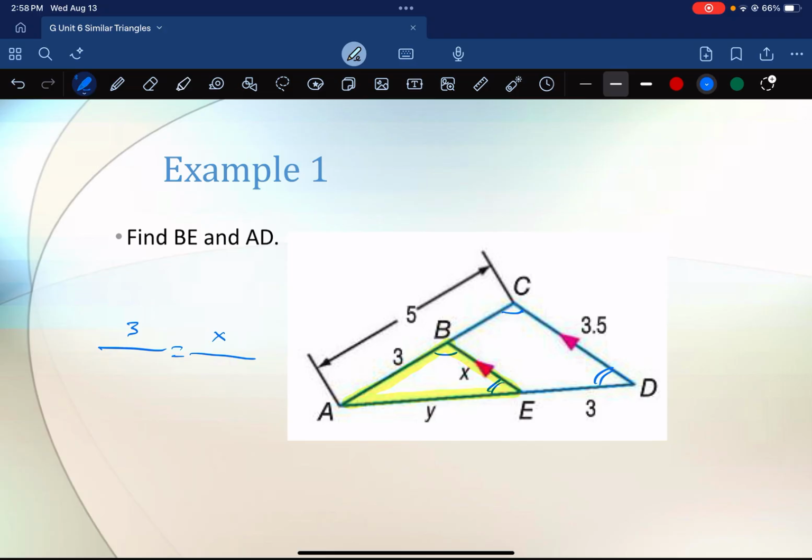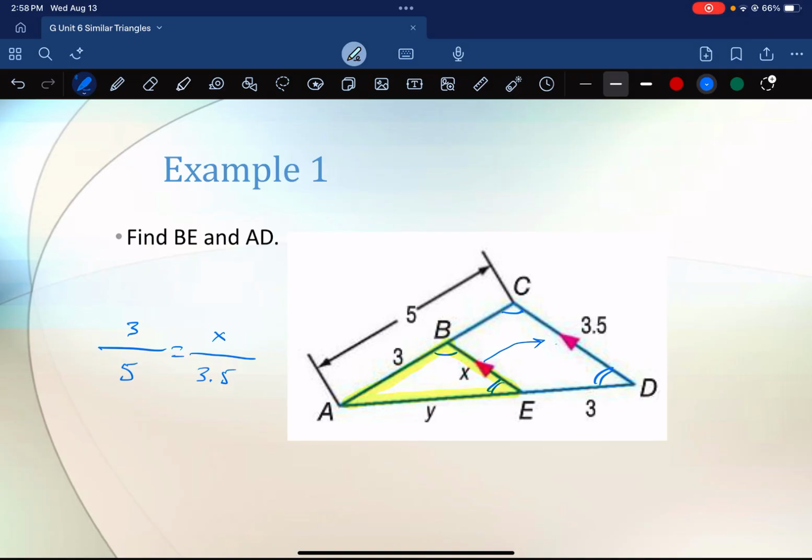But now in the larger triangle, we've got 3 corresponding to 5. And then x corresponds to the right-hand side of the triangle. The right-hand side of the small triangle is x, and the right-hand side of the large triangle is 3.5.